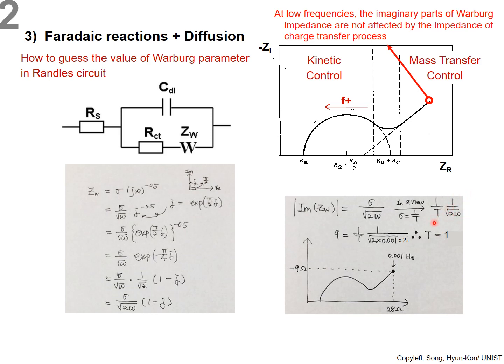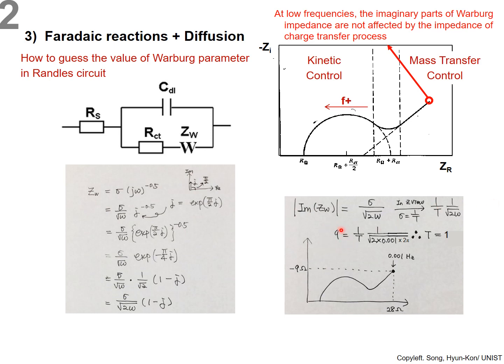I'd like to calculate the value of T. T is a kind of capacitance. Then let me say at 0.001 Hertz, we have 28 ohm on the x-axis and minus 9 ohm on the y-axis. So let me put those values into the equations.